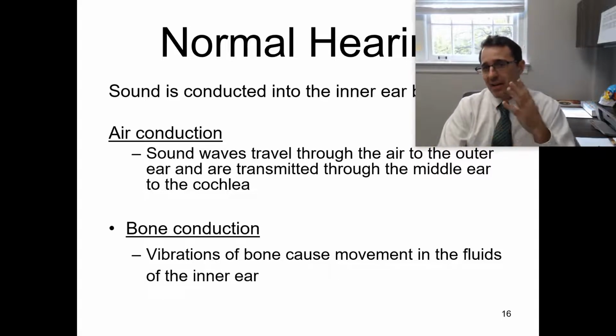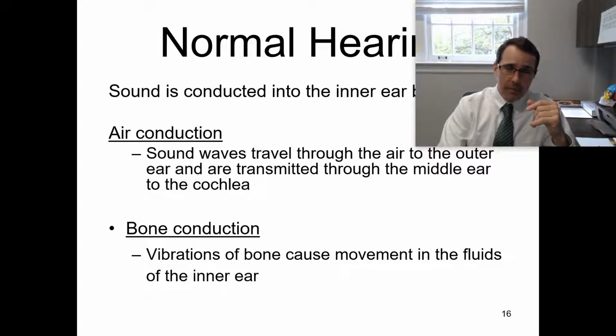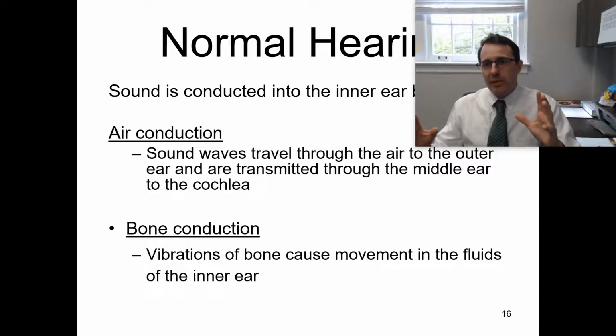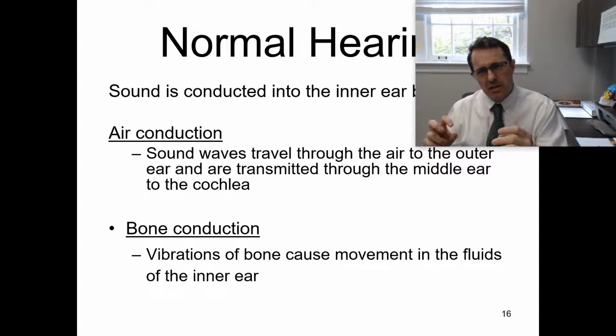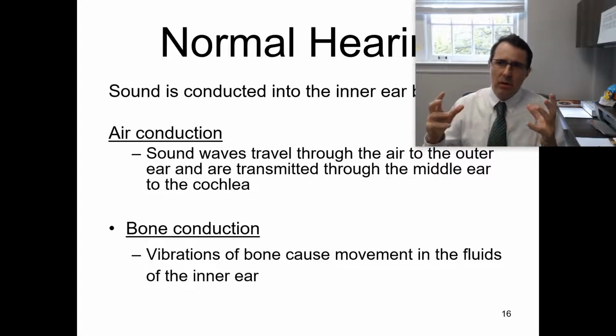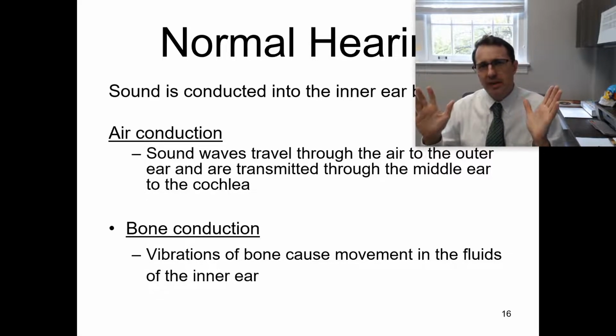But let's say you don't have a middle ear, but your cochlea is still intact. So sound cannot pass. So if you don't have a middle ear, or let's say you're missing the ossicular chain, you have something very wrong with your middle ear, or you just don't have one.